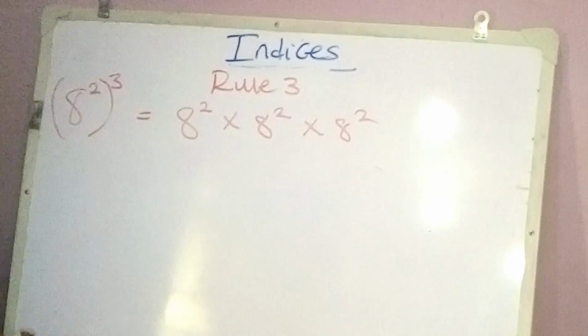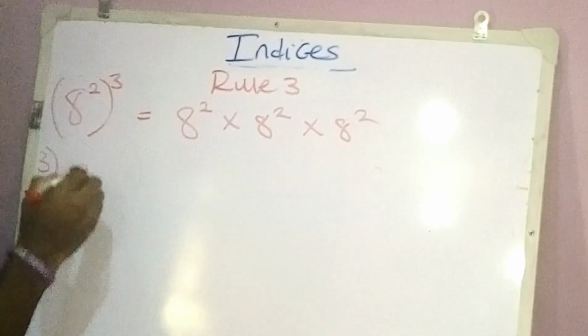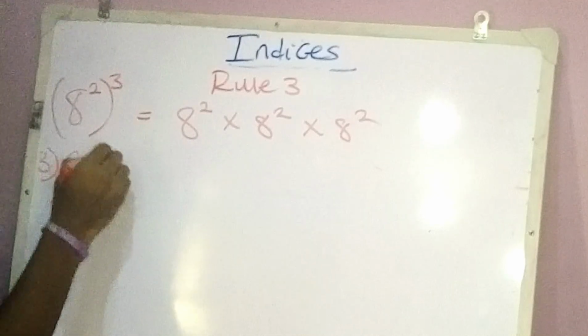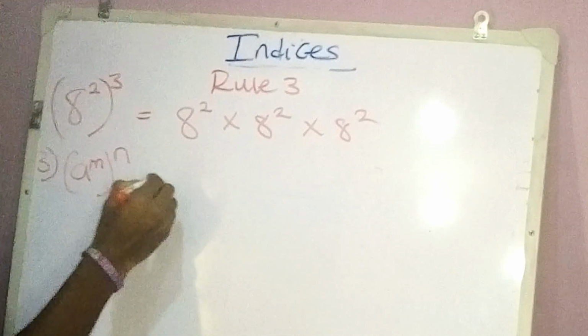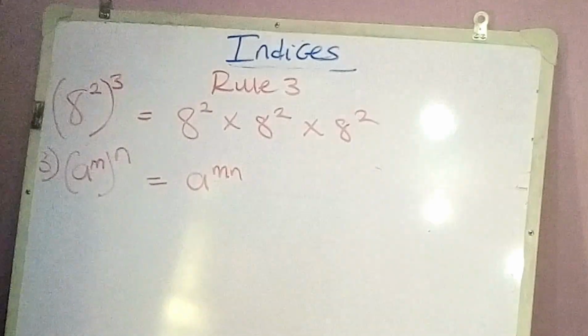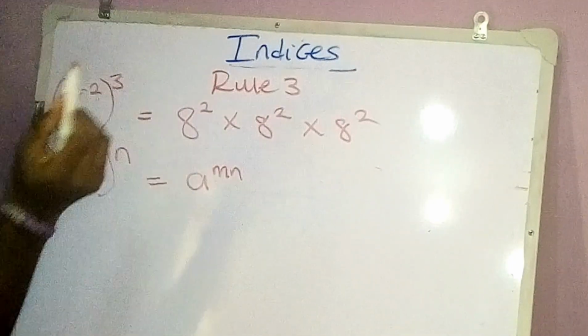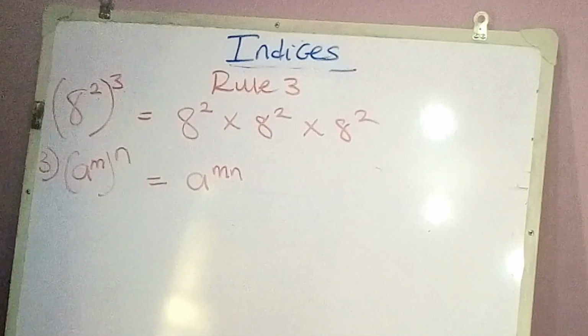So rule 3 states that if I have a term a raised to the power of m, all raised to the power of n, it is the same thing as me saying a raised to the power of mn. Meaning the powers here will multiply each other.